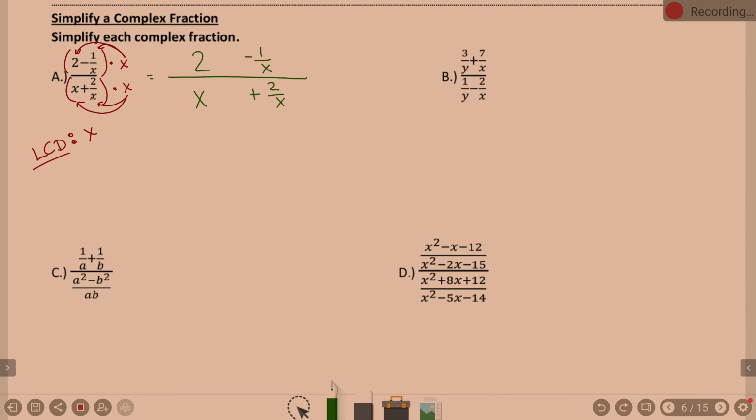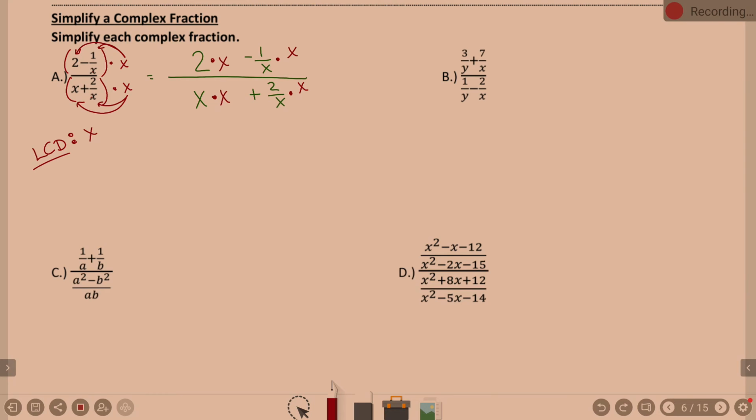Because what will be helpful for some of you is to see us physically multiplying each piece by x. So I'm going to multiply the 2 by x. I'm going to multiply the 1 over x by x. On the bottom, I'm going to multiply x by x. And I'm going to multiply 2 over x by x.